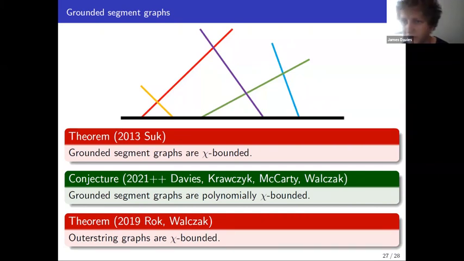But I feel like this is something you really want to take one step at a time. Already going from circle graphs to grounded L graphs, there are some difficulties introduced, and this requires some new ideas to resolve.